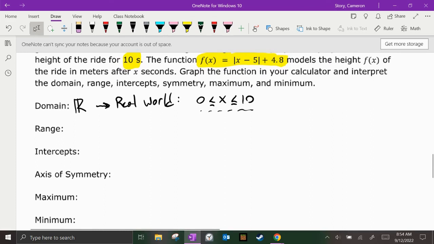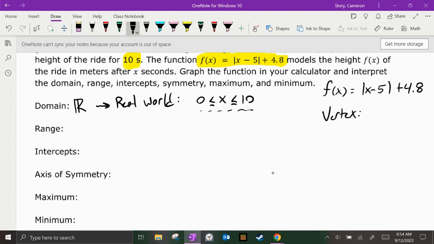The axis of symmetry, well, we can figure that out. If f of x is equal to the absolute value of x minus 5, plus 4.8, that means the vertex has to be at (5, 4.8). I don't even have to look at the graph for that.